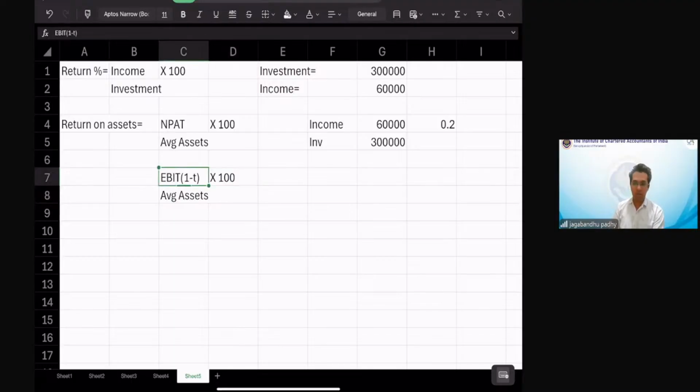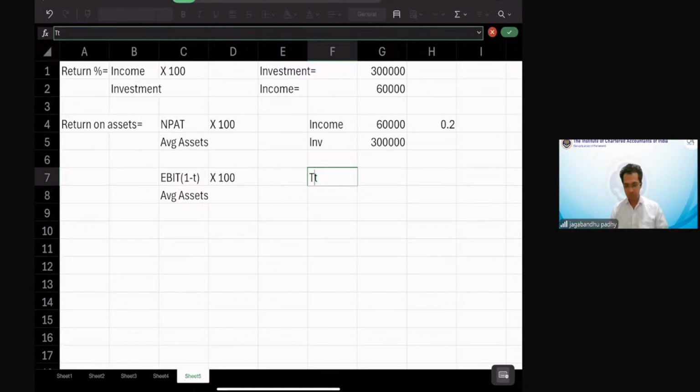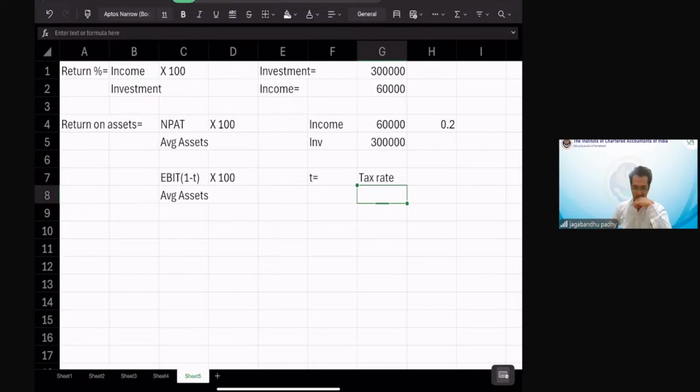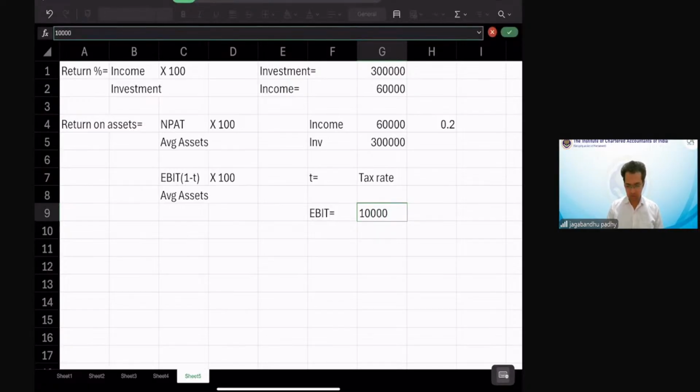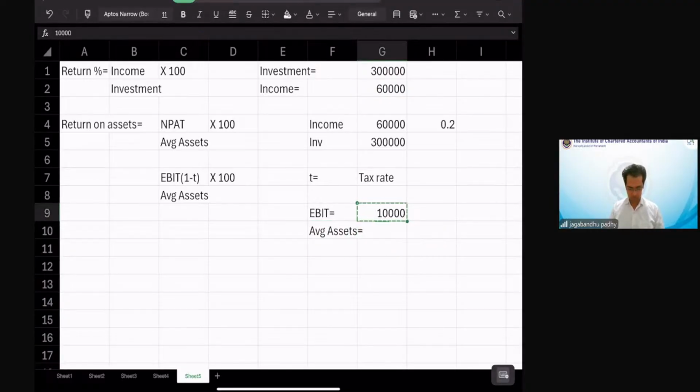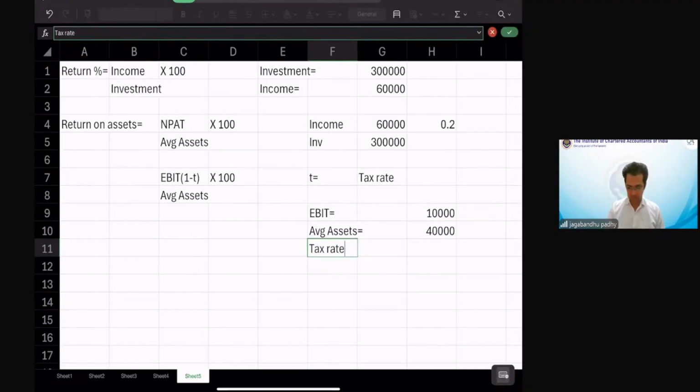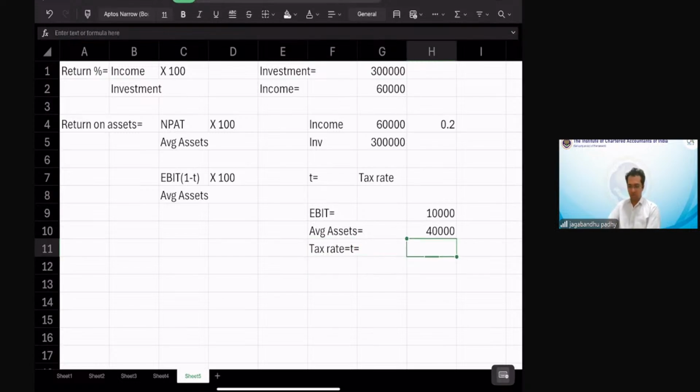Now, why do we do this EBIT 1 minus T? T is the tax rate. So, for example, if you have EBIT as 10,000 and your average assets is 40,000, tax rate is T, that is 30%.